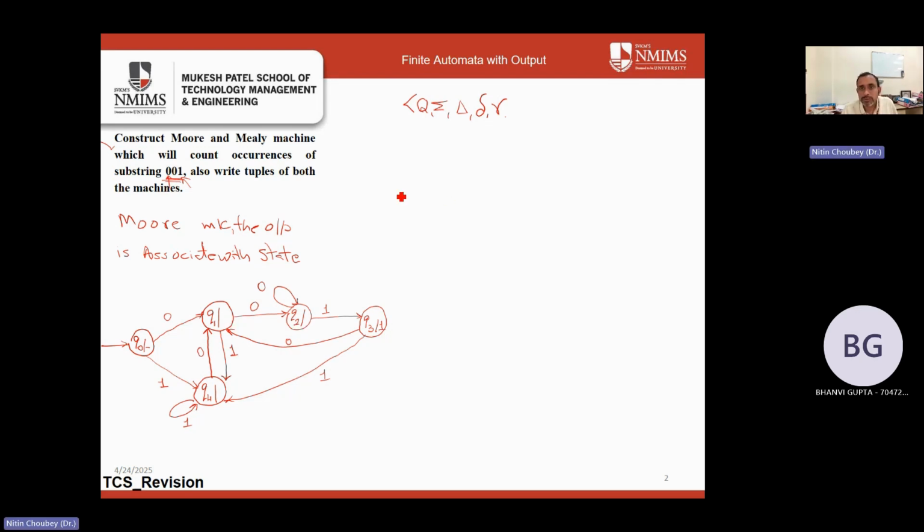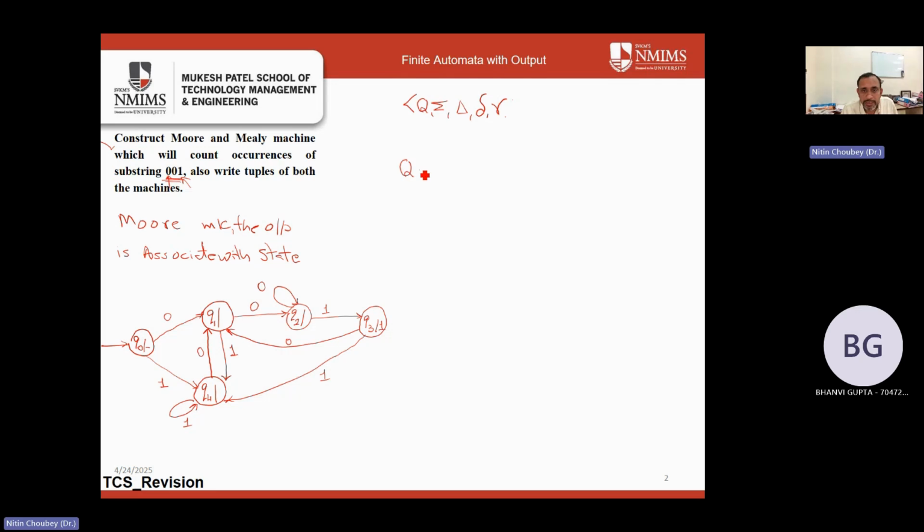So how to show this? This is summation, delta, Q0, this thing. Okay, so let's try to go for writing these cases. What is Q?